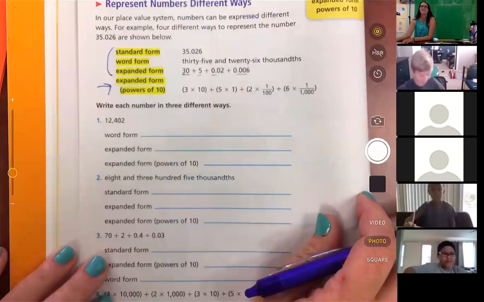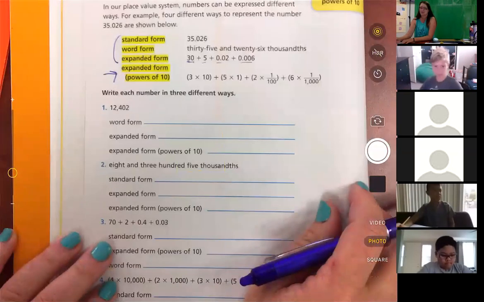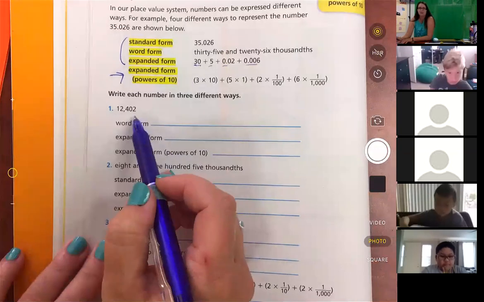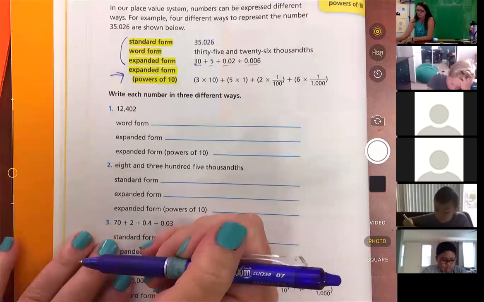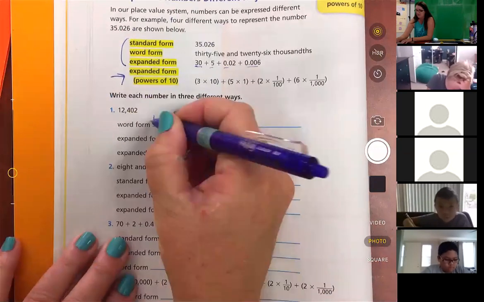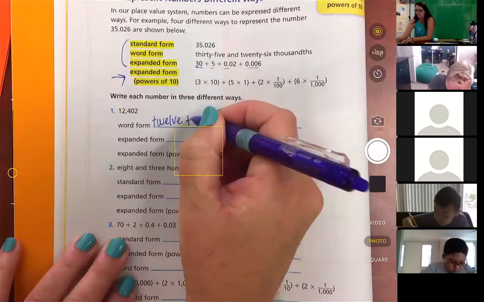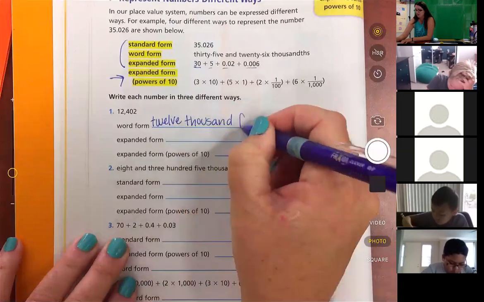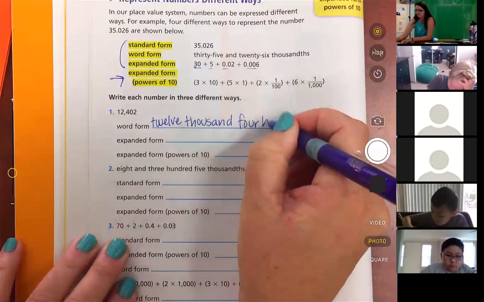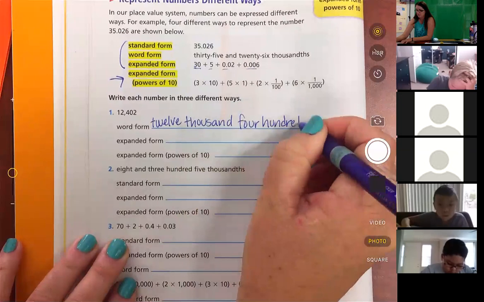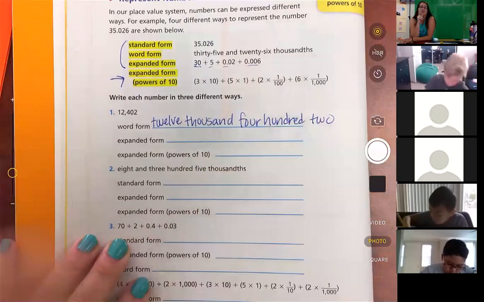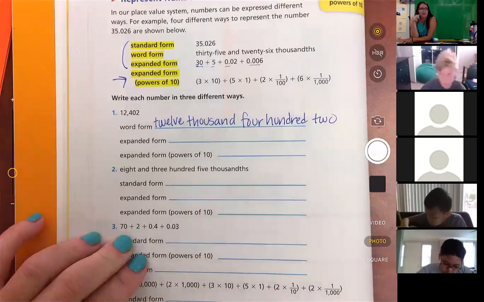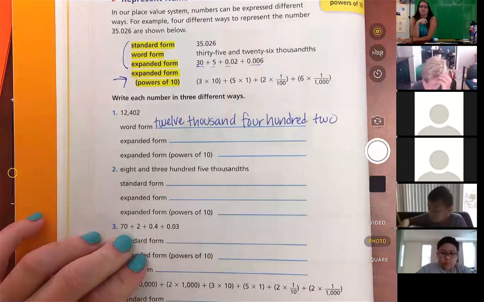My first one doesn't have any decimals, so that one should be a big time review from previous years. 12,402. So that's how I'm going to write it in word form. Now notice, I know a lot of times when you say a number like that, you would say 12,402.